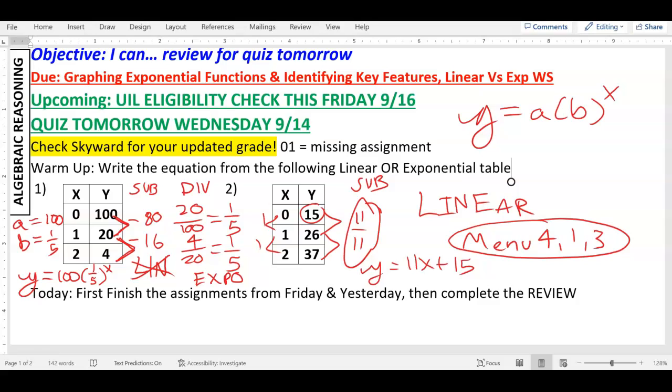So again, everyone hear me. This review I'm about to give you, the answers are right there. Google Classroom has the key and a video going over the review.